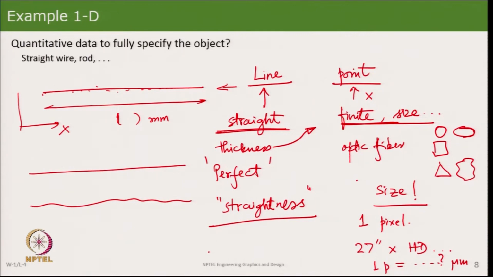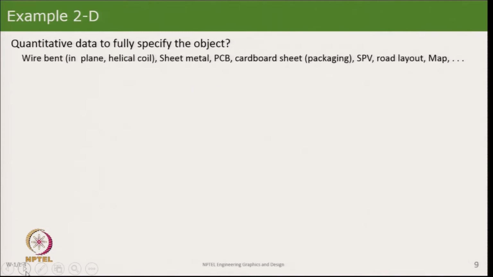So, that is one-dimensional objects. Now, we look at two-dimensional objects, and I showed the example of a coil, but we can say that I am looking at a sheet metal in which I have cut out some features.